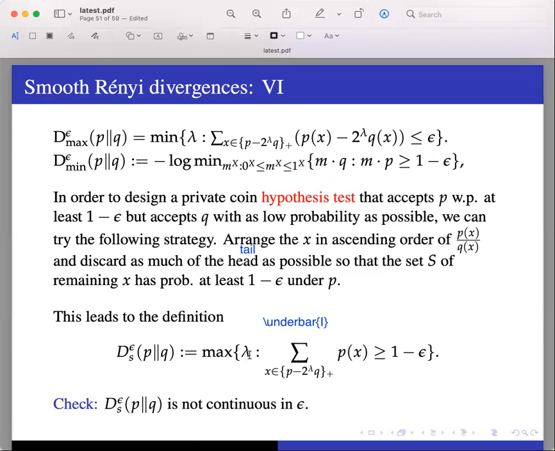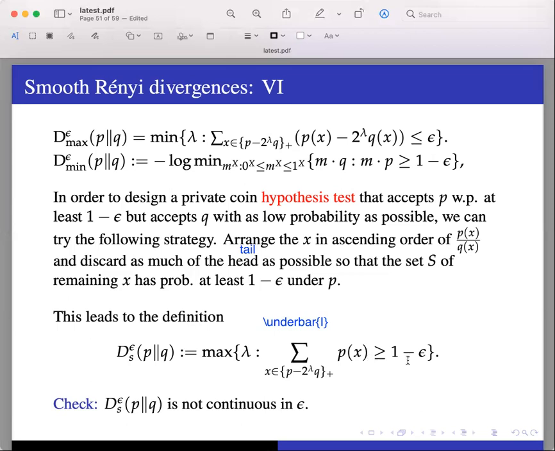I've set a threshold, my likelihood threshold lambda, and I've defined the good set. So why is this somewhat of a good idea? Of course I know that for the symbols in this plus set, their probability under P is larger than 1 minus epsilon.